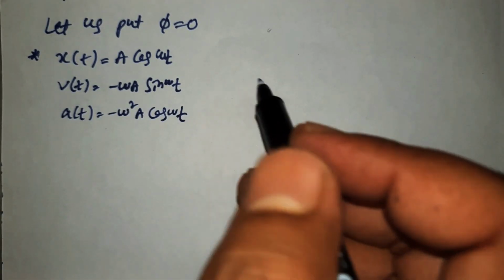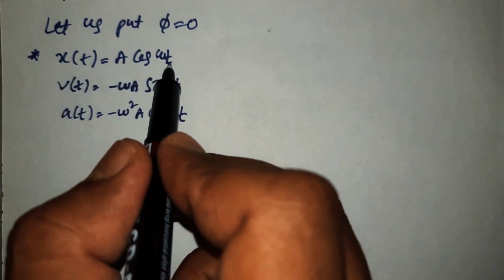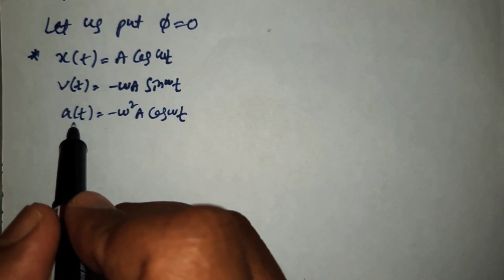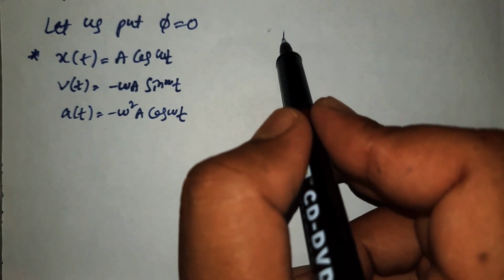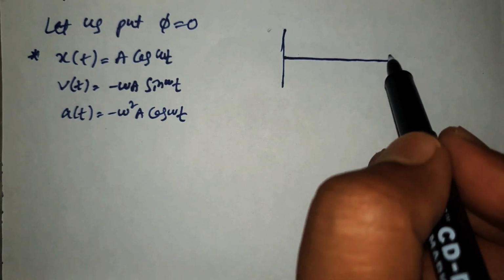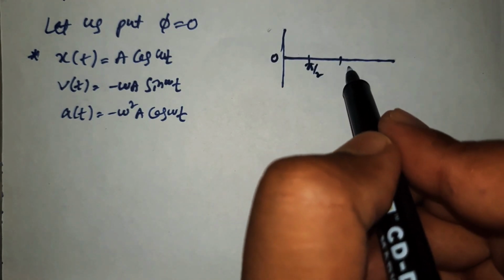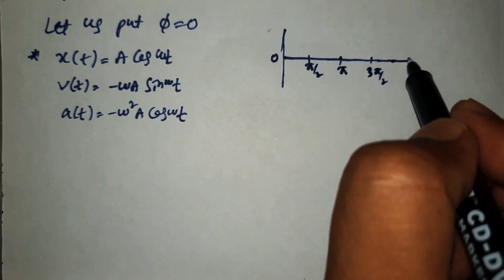So let us draw graphs of x of t versus time t, v of t versus time t, and a of t versus time t. Here the axis marks are 0, π by 2, π, 3π by 2, 2π.